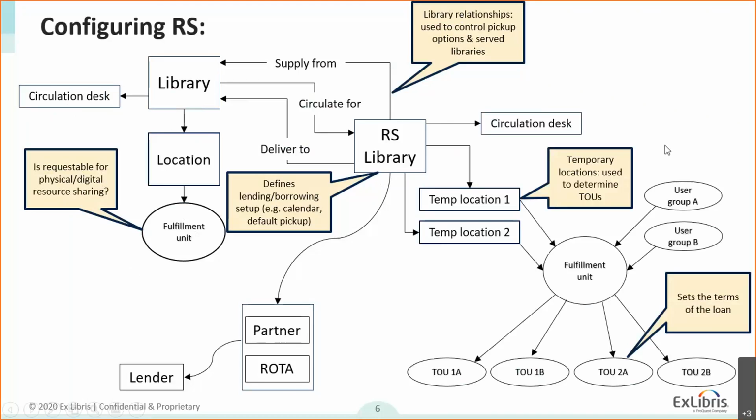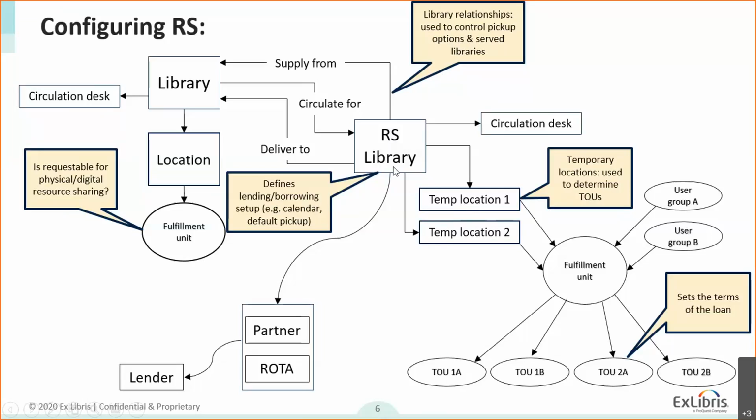I can have my own circulation desk if my resource sharing librarians deal directly with my patrons and I don't want to have things go into transit to another library. And I can set up temporary locations, and using those temporary locations, I can have different terms of use for different user groups.